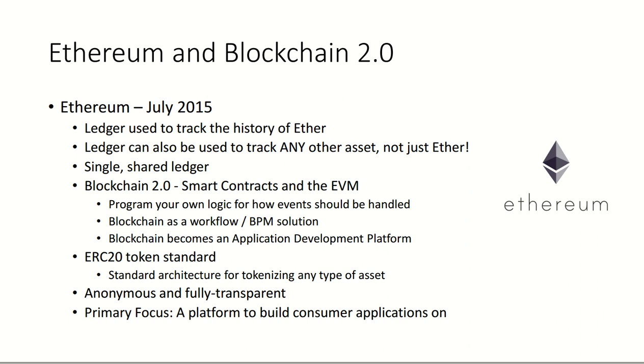Up until this point, blockchain is viewed as nothing more than just a record-keeping technology. With the addition of smart contracts, our understanding of blockchain evolves. And blockchain at this point becomes an application development platform. It becomes something that you can design and build a user experience on top of.